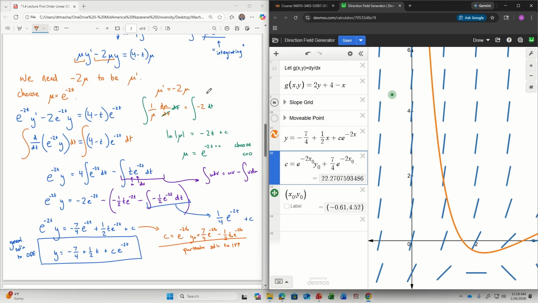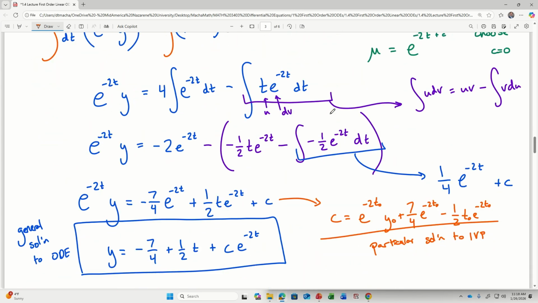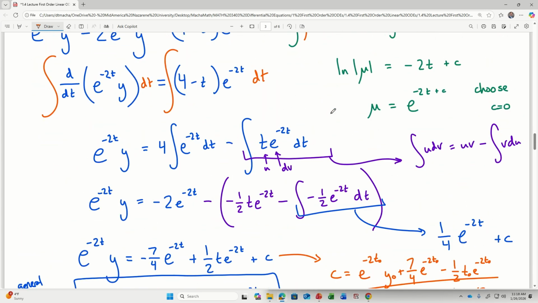Did you, because at one point you took out the 4 for the 4 minus t, did you ever multiply that back in? Yeah, you're talking about right here maybe, where I had 4 minus t e to the -2t, and I split that up into 4 times e to the -2t, and then -t times e to the -2t.